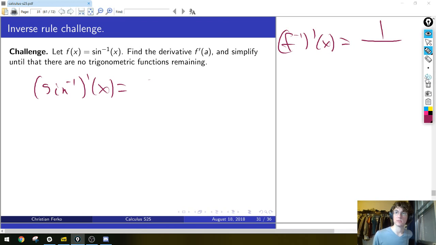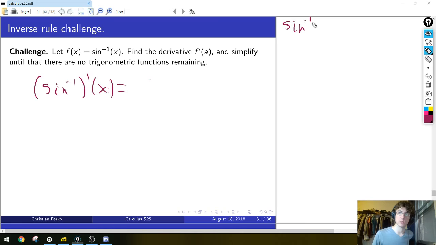Wait, is it? Thinking. So the multiplicative inverse of sine is the, I forget the proper word for functional inverse. Oh, the inverse function, right? So this is not the multiplicative inverse of sine, right?